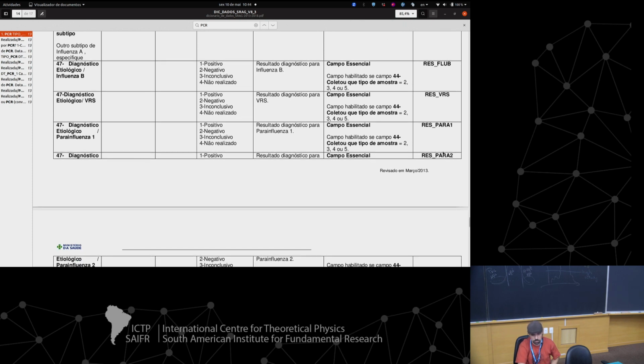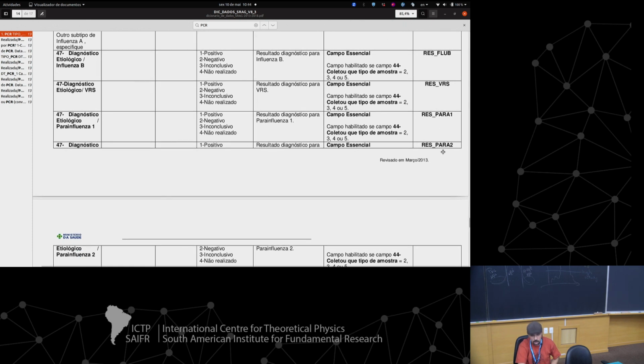Important thing here, although it has the possibility of having either positive, negative, inconclusive, or not tested, what we see in fact is only if it was positive or not. So you either have one or nothing. What does it mean?